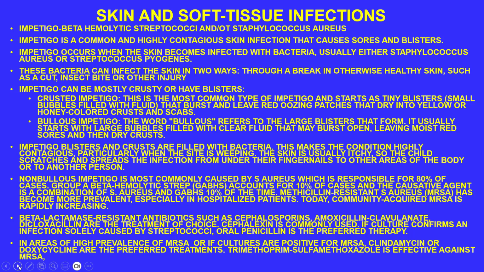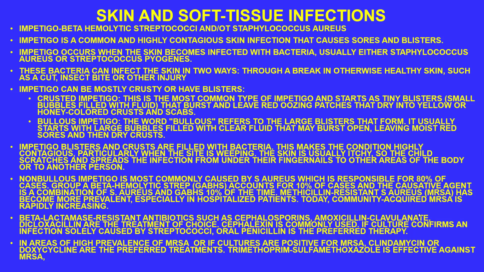What we also see is basically beta-lactamase-resistant antibiotics such as cephalosporins, amoxicillin with clavulanate, or dicloxacillin that are the treatment of choice. Now, cephalexin is commonly used if the culture confirms an infection solely caused by streptococci.